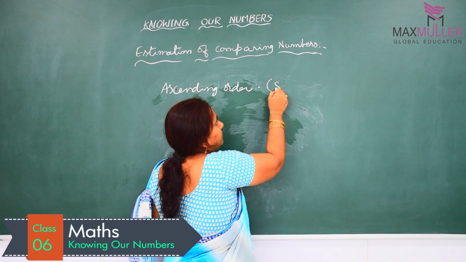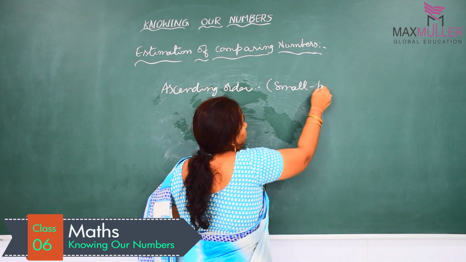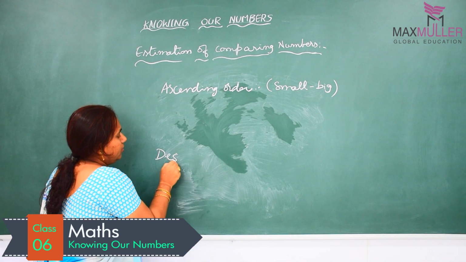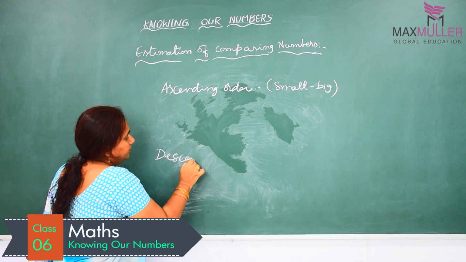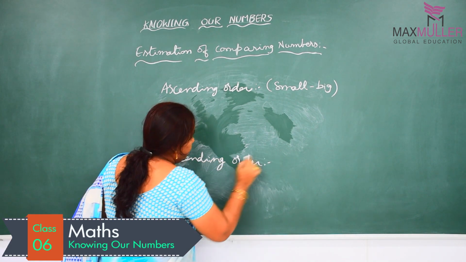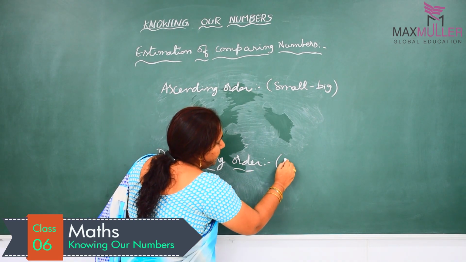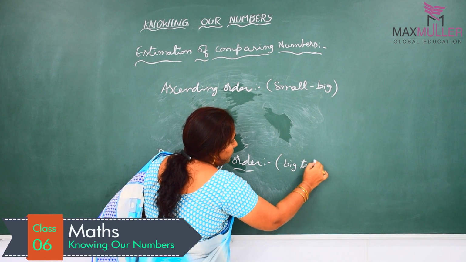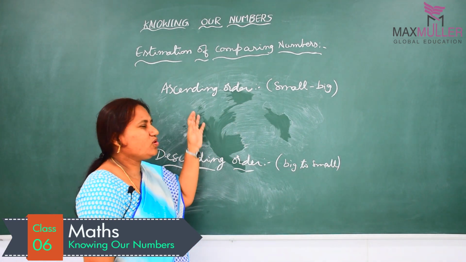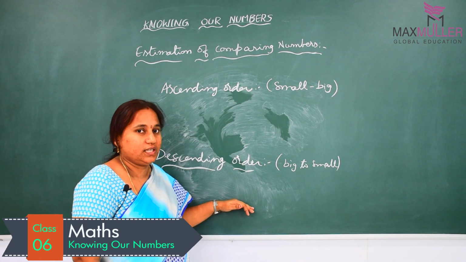Then descending order. Descending order means big to small. Okay? So here also many times we get confusion.